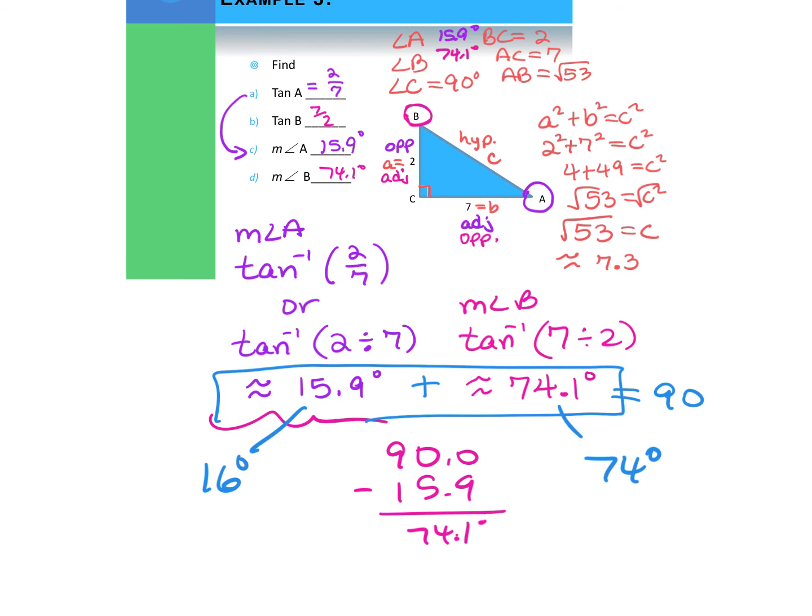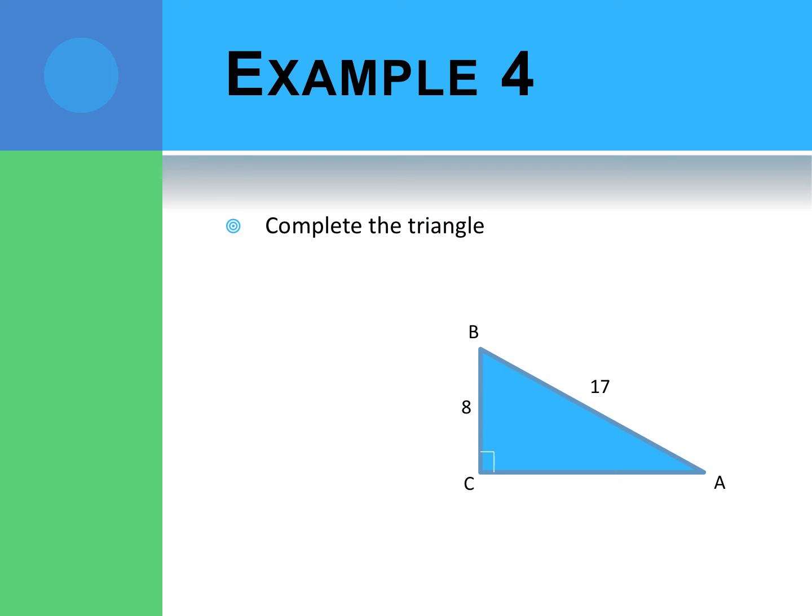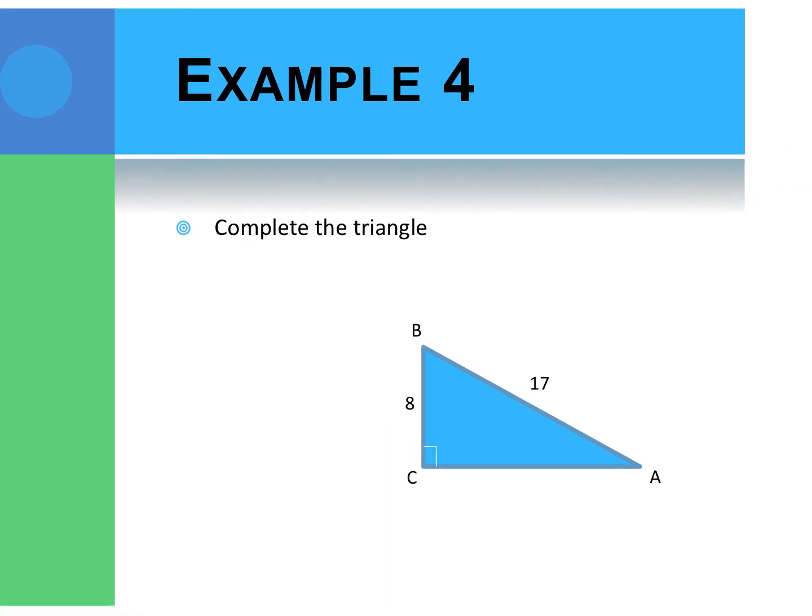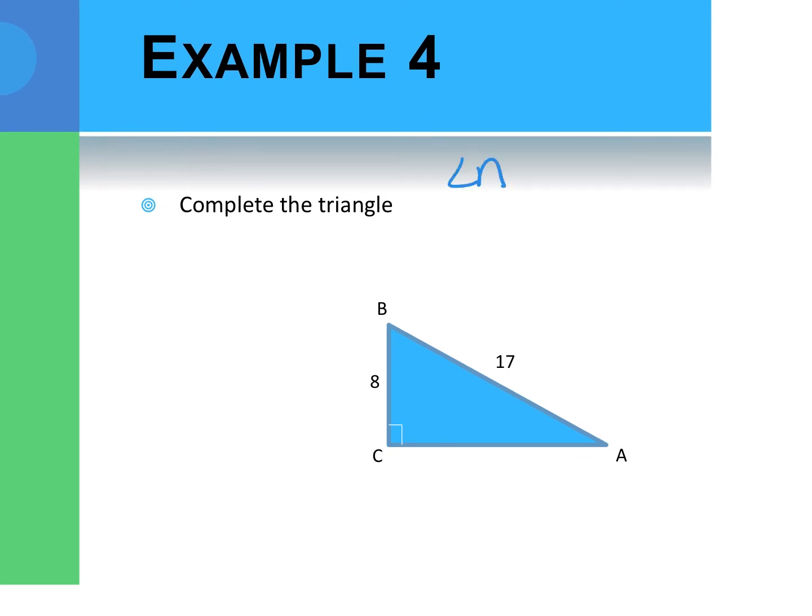Now the next question is exactly the same thing, but they don't give you the lines to fill in. It just says complete the triangle. So I'm doing exactly the same thing. I need to find the measurement of angle A, angle B, angle C, side length BC, which is 8, side length AB, which I have as 17, and then AC, which I don't know.